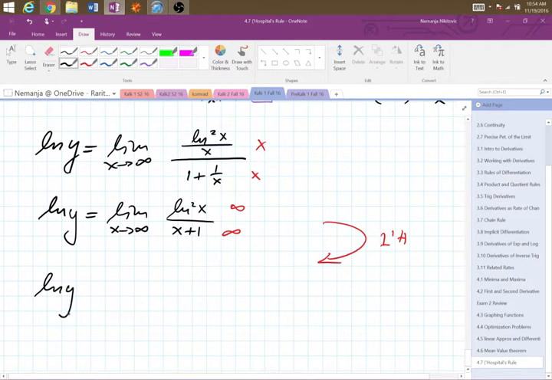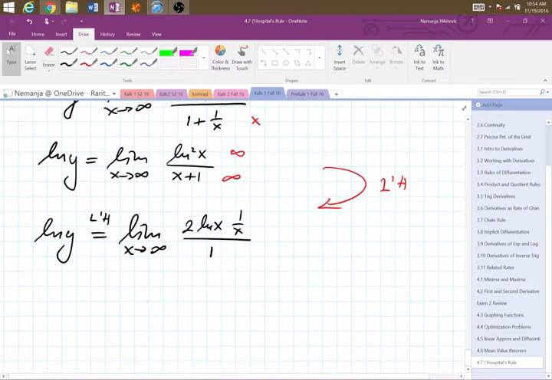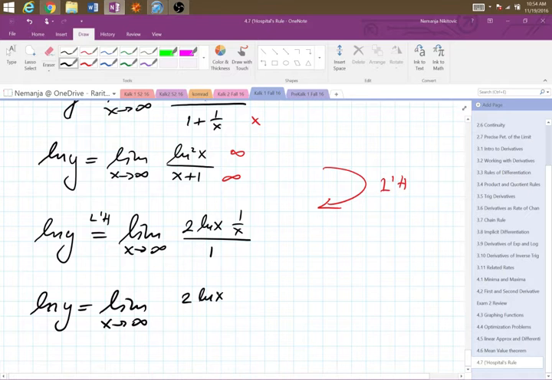So ln y, we don't know that we did L'Hopital's rule there. The derivative of this is 2 ln x times 1 over x divided by 1. So if you rewrite this carefully, you get 2 ln x over x.